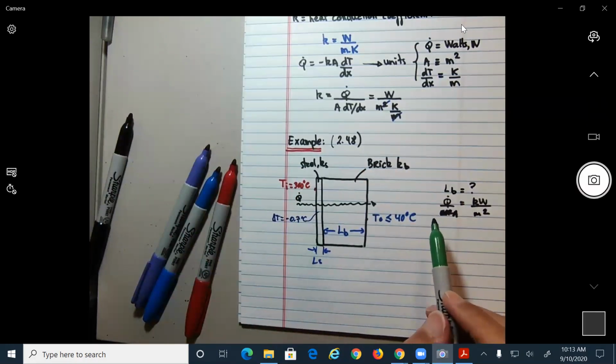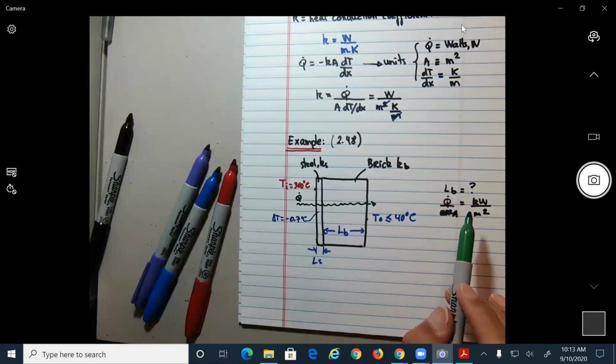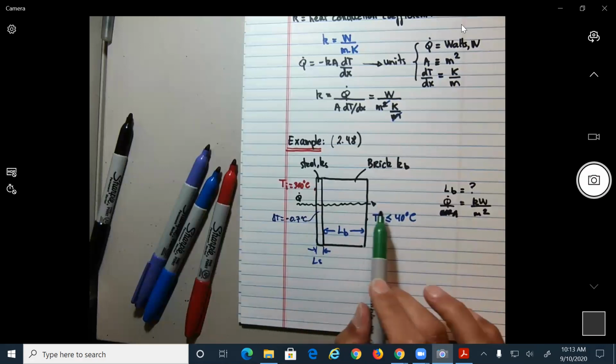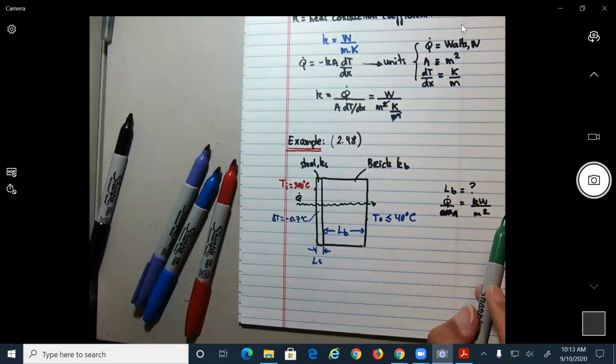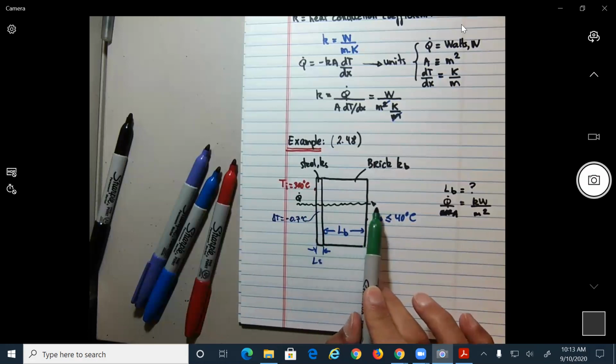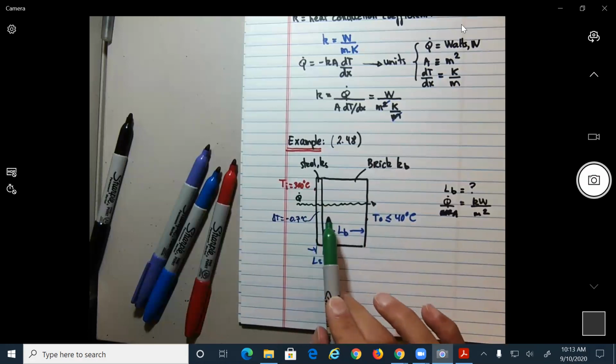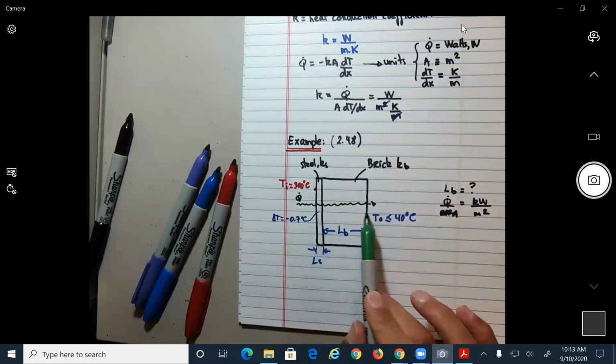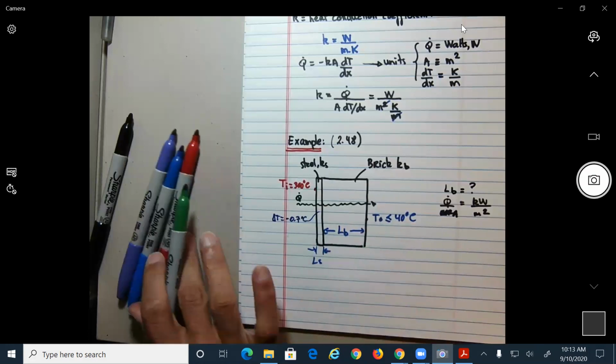You cannot stop it. If you give it enough time, all this heat is going to go through. So what does that mean? The heat here is always going to be the same, no? Through the steel, through the brick, the amount of heat going through at the end of the day is going to be the same.